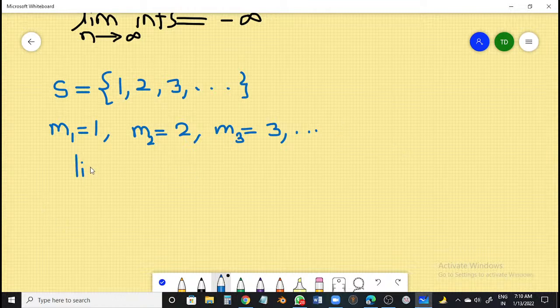So very naturally, the limit inferior of this sequence S, what is it? Is it converging? No, it does not converge.